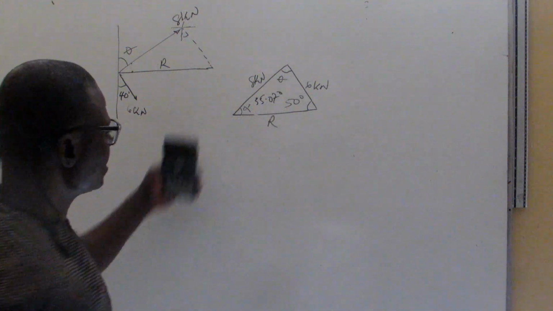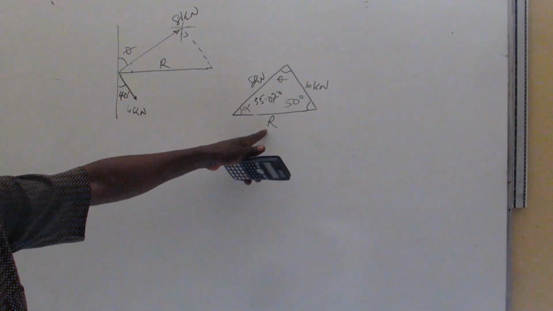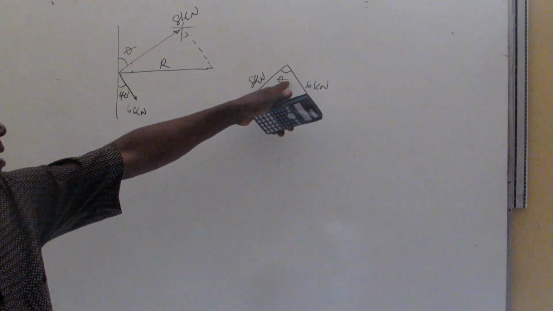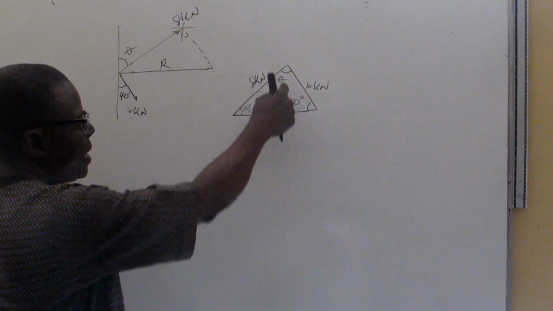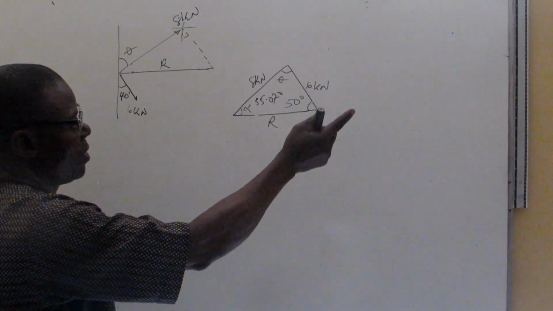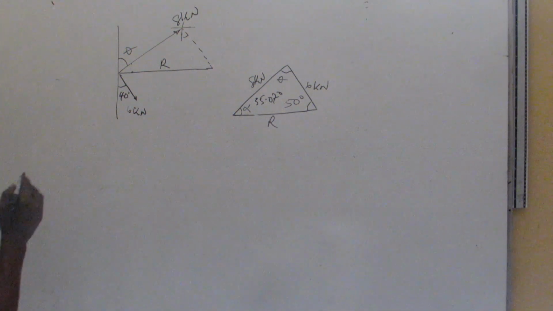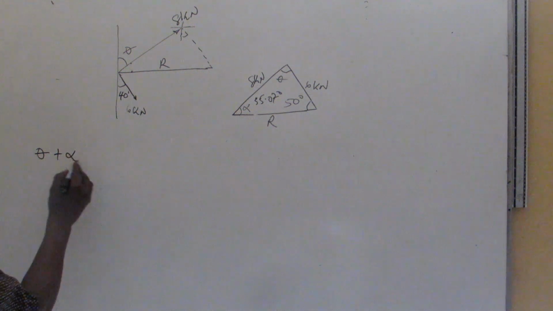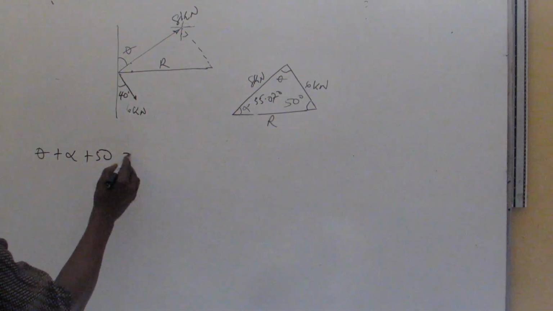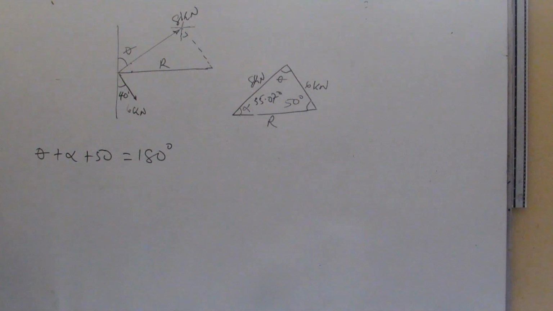We can still use the sine rule to find it, or we add this together and subtract from 180 degrees. We are going to have theta, because theta plus alpha plus 50 is equal to 180 degrees, which is the sum of the angles in a triangle.